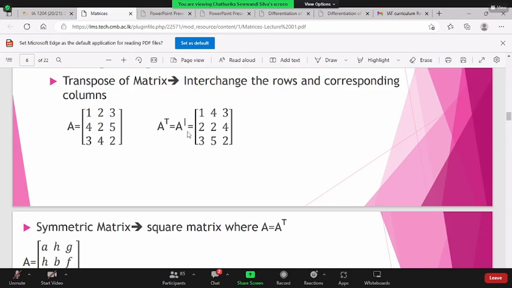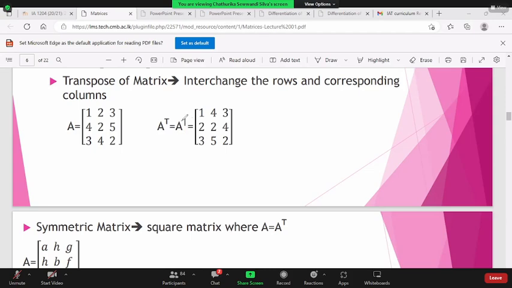And in some reference books, they are using A to the power dash, something like this, like a capital I. But anyway, these two symbols are used to indicate the transpose matrix. By the way, if we have something different, it is the inverse. But if we just have a straight line as a power, then it indicates a transpose.